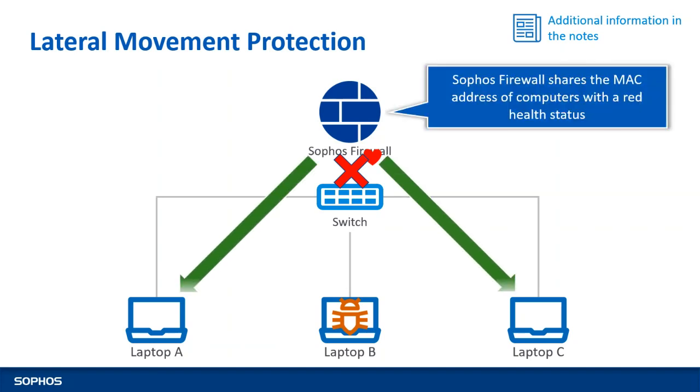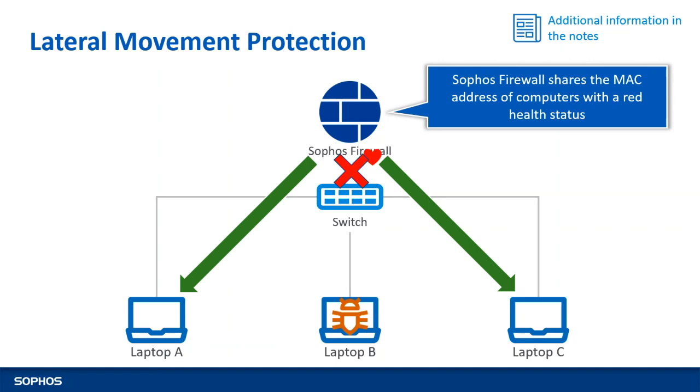The computers can use the MAC address to block traffic from the computer with red health status, and this is done by the Sophos Central server and must be enabled in Sophos Central.